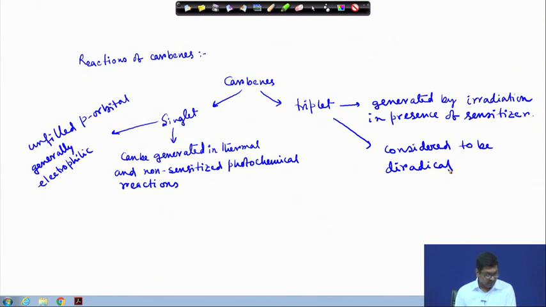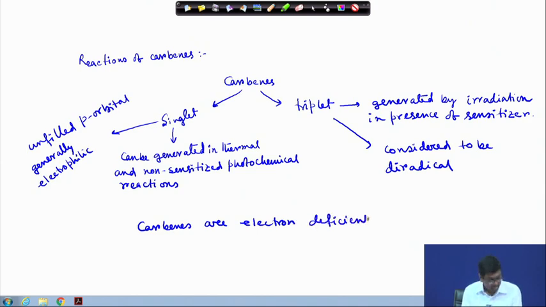In general, carbenes are electron deficient, so they are electrophilic, obviously in the absence of strong resonance interactions, like what we found in N-heterocyclic carbenes.